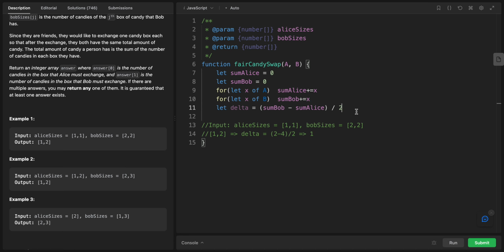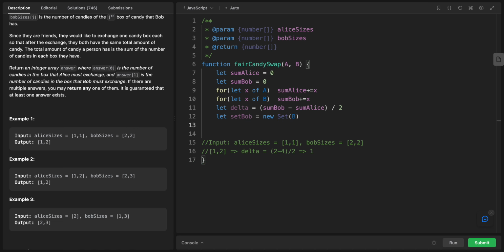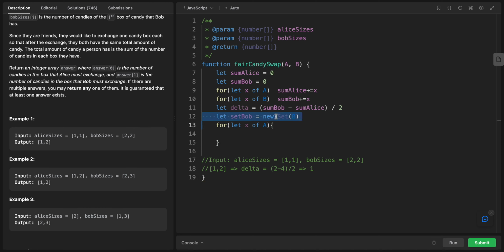So let's create a hash table: set Bob equals new Set of B. The set holds unique values. So we have a set that has all the values of Bob, and we are looping through Alice, so let x of A.